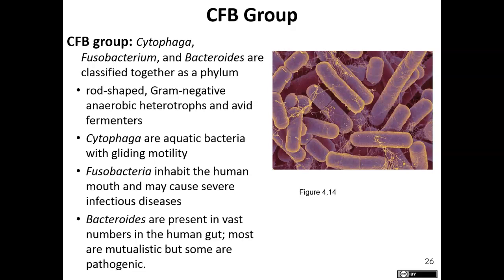So taking antibiotics can be very dangerous, because if you take a broad spectrum antibiotic and you kill off your fusobacteria or your bacteroides, then you're going to be more prone to pathogens starting to take hold of the gut.